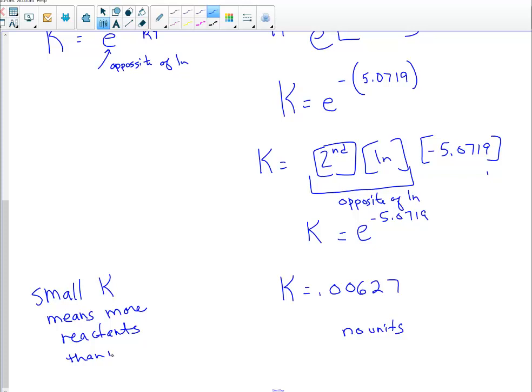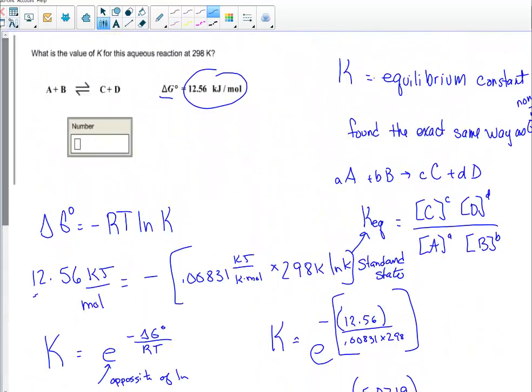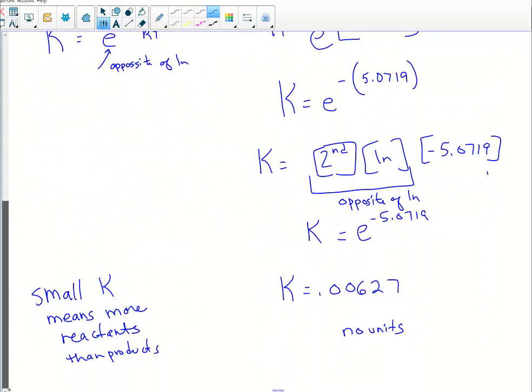There, more reactants than products. Just to emphasize what that might look like in terms of this reaction, we didn't really have but just a generic reaction. It says A and B go on to make C and D. But I'm telling you that in terms of amounts, there's a whole lot more A and B as compared to C and D in the vessel. That the small K value favors the reactants.